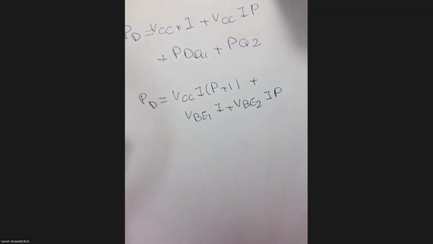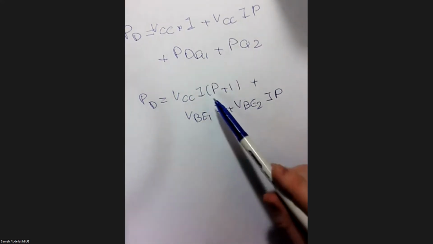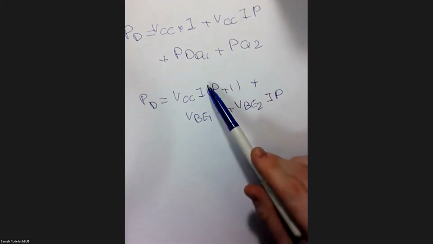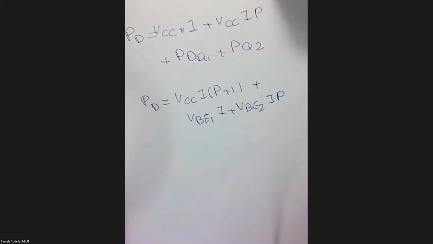But as you can see here, the power dissipated in your sensor is also a function of P. So this P is a very critical design parameter in such a sensor. On one hand, it controls the sensitivity of the sensor. On the other hand, it also determines the overall power dissipation in the sensor.